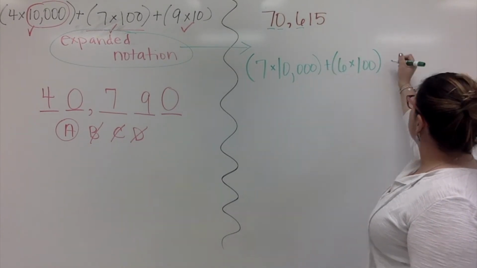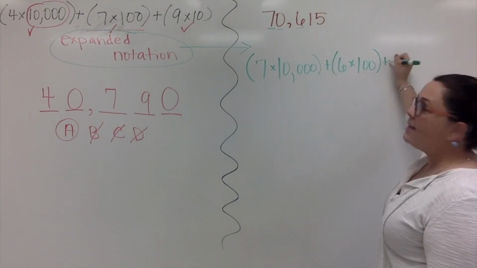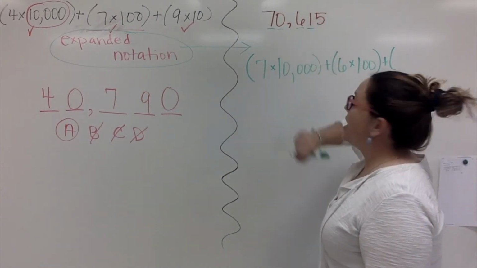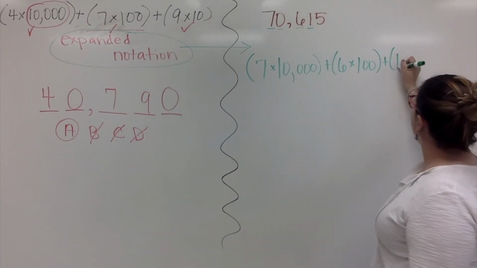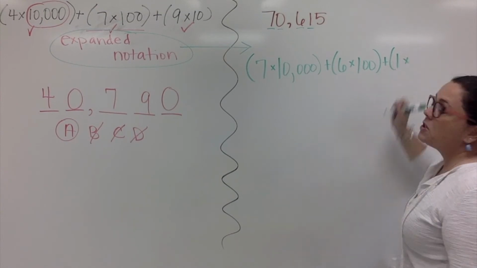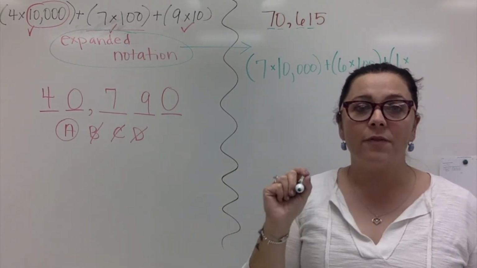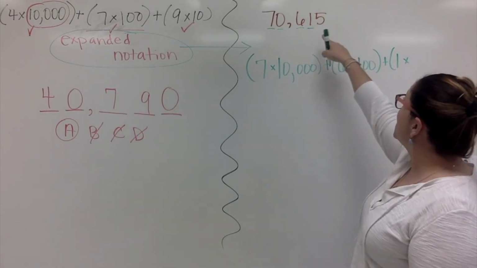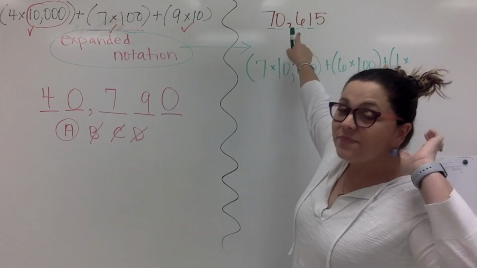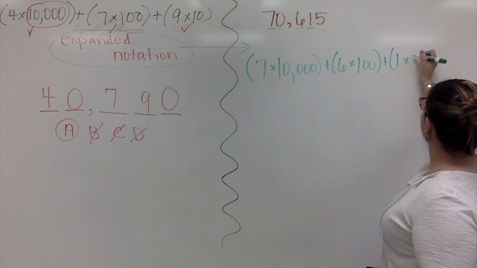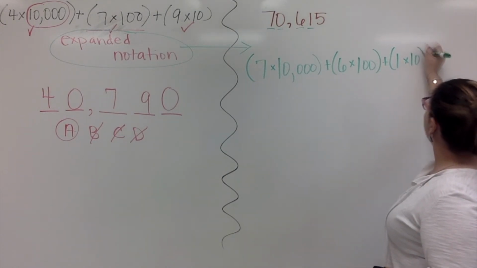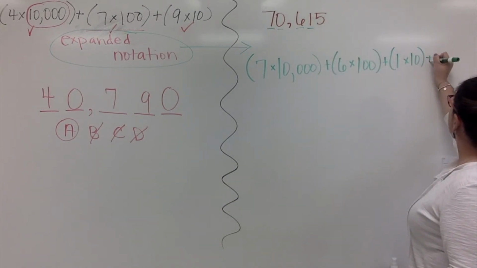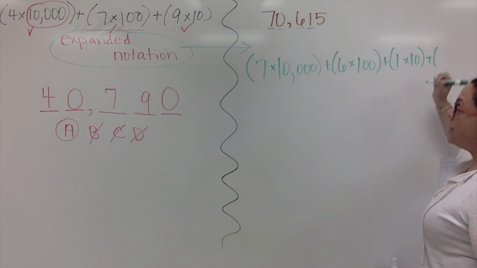I still have more digits, so I know that I'm going to add and open up another set of parentheses. My next digit there is a 1, so I'm going to drop that 1 here. Remember, I am multiplying it by the value of the place it is in. In this number, what place is the 1 in? Yes, the tens place. Very good. So I'm going to multiply it by 10. I have 1 digit left, so I still have to open up another set of parentheses.